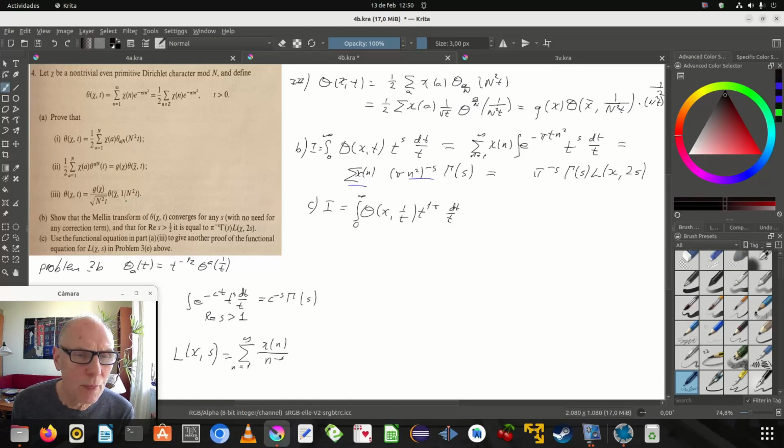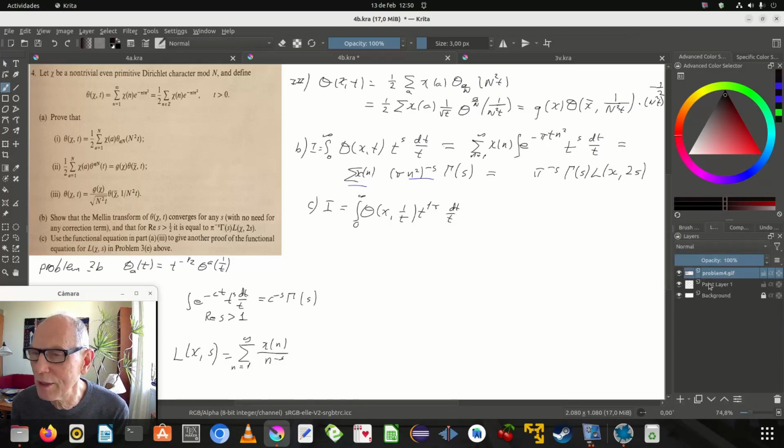So we replace in this formula, we replace t with n squared t. No, of course we replace t with t divided by capital N squared. Let's see if I can write what it gives. That would make it easier.